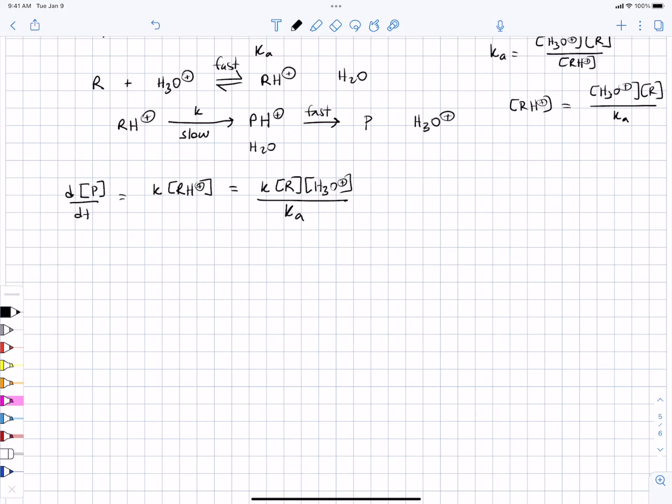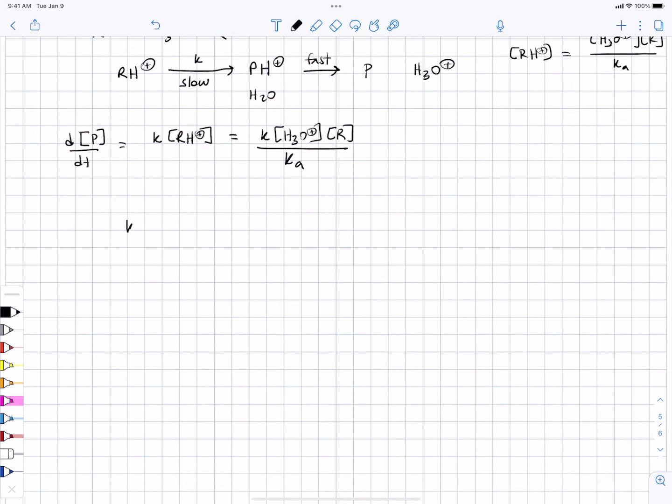All right, so if you were to do this under pseudo first order reaction conditions where you kept everything constant including the pH but you varied the concentration of R, all of this would be your observed rate constant. And that observed rate constant, you predict now, is dependent on pH.